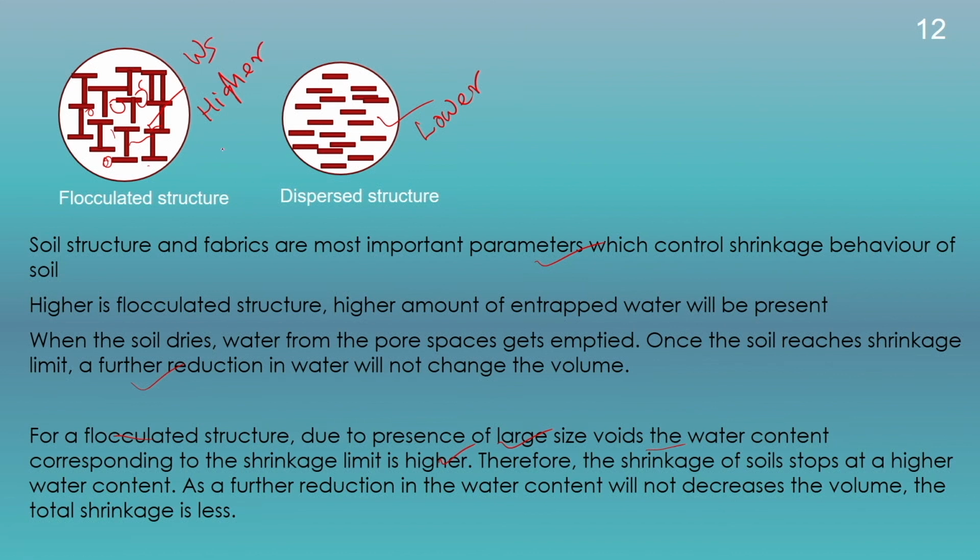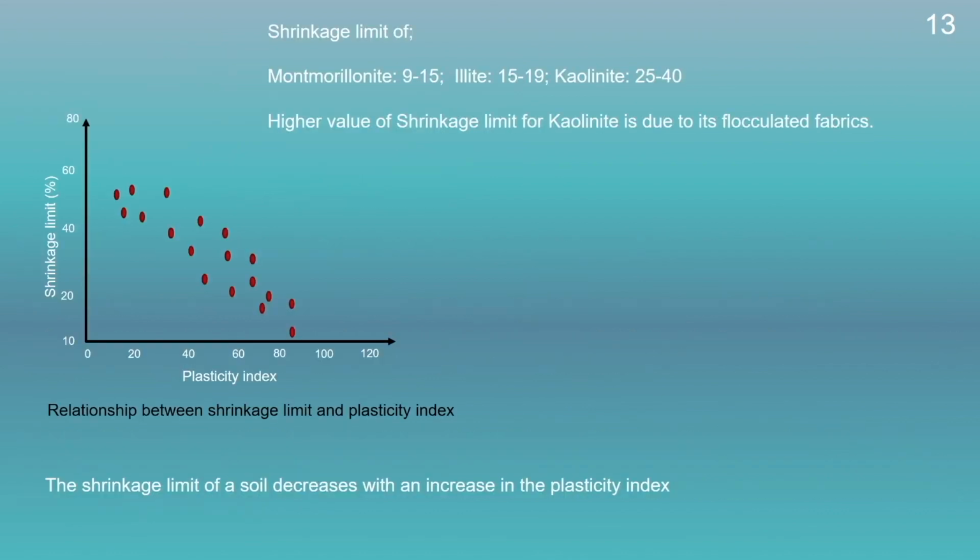We know that kaolinite exhibits a flocculated structure, therefore, kaolinite mineral will have a higher value of shrinkage limit in comparison to montmorillonite, which will have a dispersed structure. So, therefore, the shrinkage limit of kaolinite is generally higher in comparison to montmorillonite.